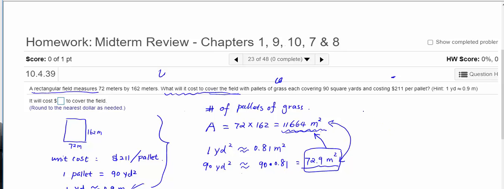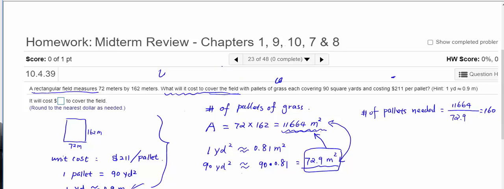So the number of pallets needed is going to be equal to 11,664 divided by 72.9, and that number is equal to 160. Okay, so to cover this field, 160 pallets of grass will be needed.